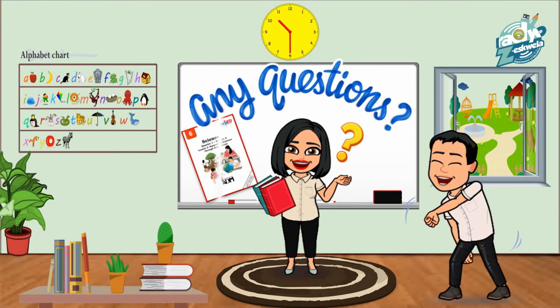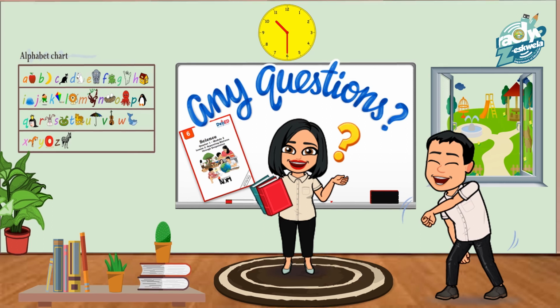And do not hesitate to ask or contact your teacher if you encounter any difficulty in answering. Always remember that we are all in this together. We hope that through this material, you will experience meaningful learning and deep understanding of the relevant competencies. We can do this.